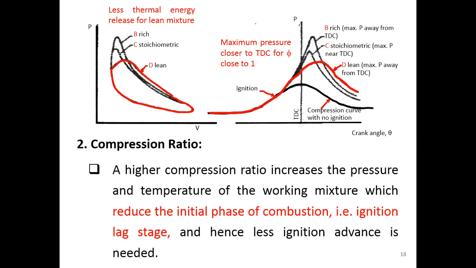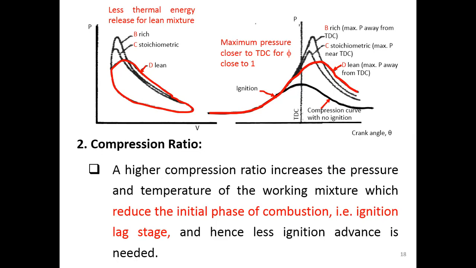The second engine variable is the compression ratio. A higher compression ratio can increase the pressure and the temperature of the working mixture.